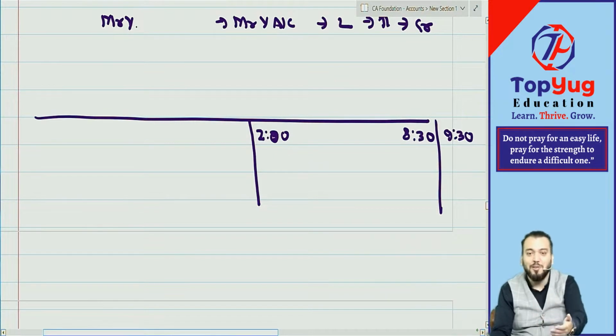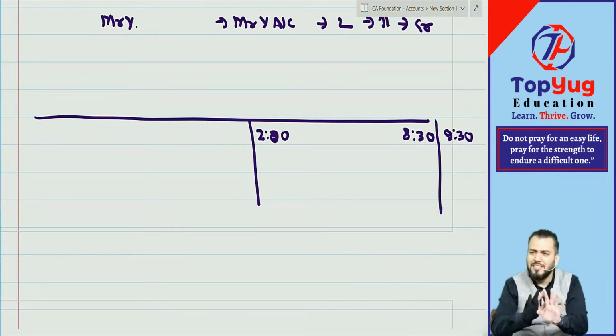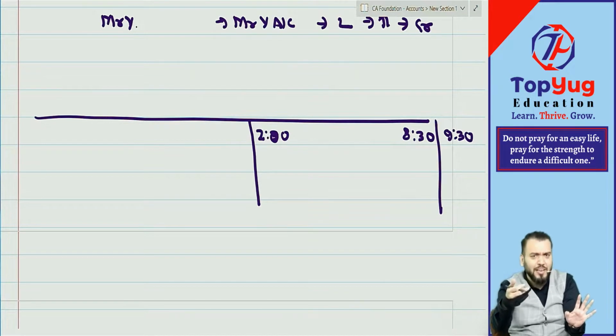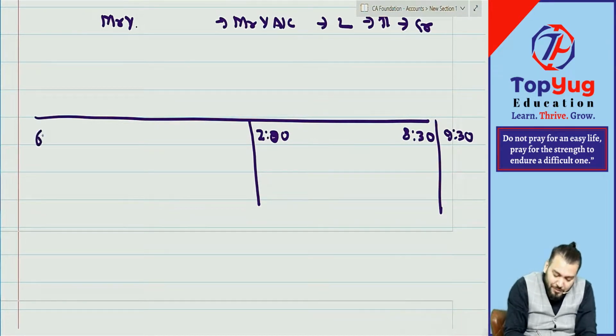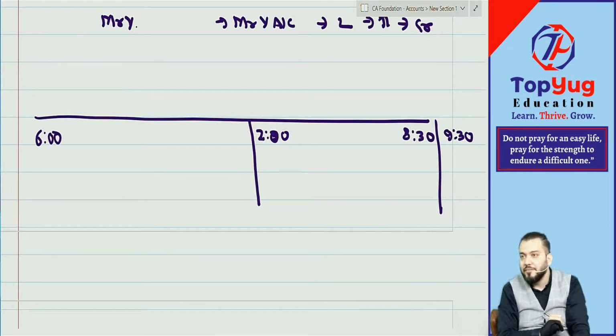Now after that, what do you do? Do you sleep or do you continue? You continue. Very good. So we'll make one simple rule. Because you are getting up early, we'll make a rule that you should get up by 6 every day. Let us make a rule.